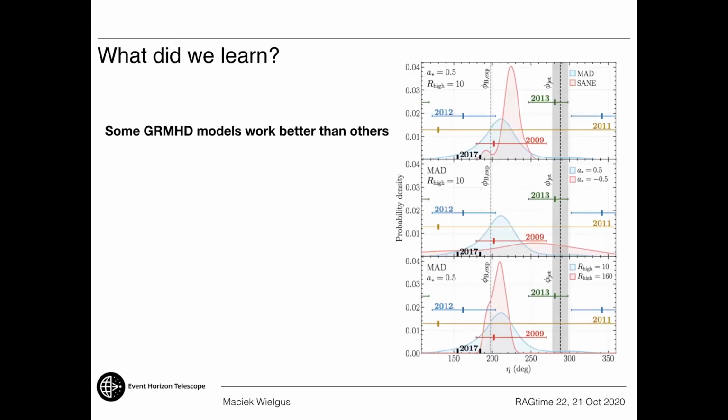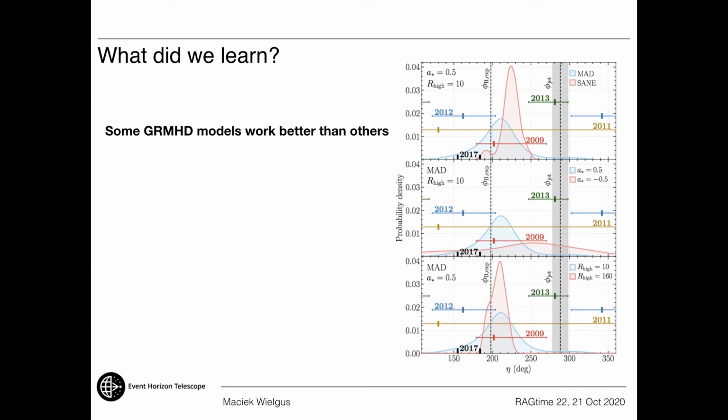Then another thing we have learned is we tried to parameterize, measure from the GRMHD simulations how much different models of GRMHD can vary in terms of this position angle. So what you see here are histograms from different GRMHD simulations, and you see the measurements of the position angle in the past coming from the EHT.